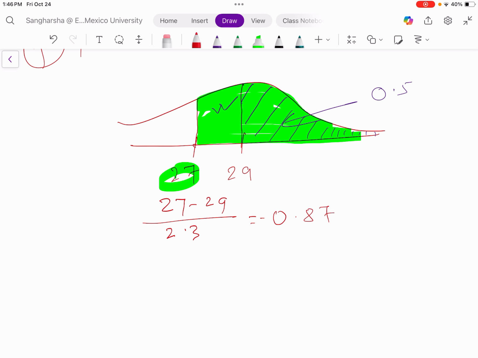So the z for this point is negative 0.87.